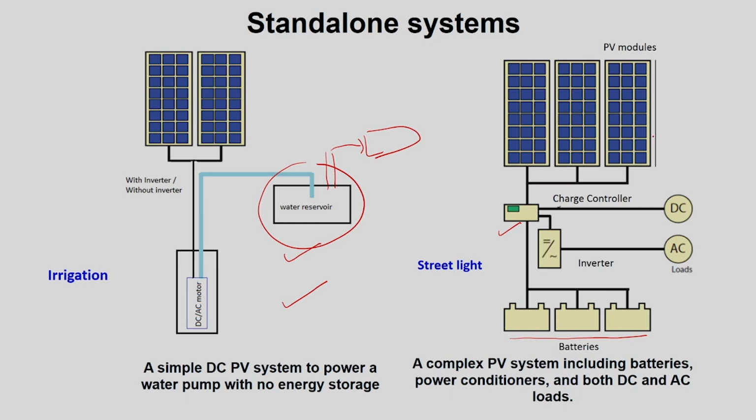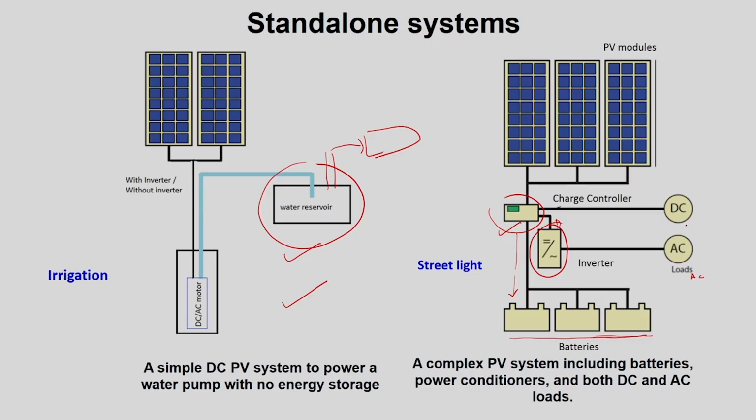In the configurations we have shown, many modules are connected and we have a charge controller to protect the batteries from overcharging. There are batteries here. We will study how many batteries are required for a single application, and we need an inverter to convert this DC current to AC current.